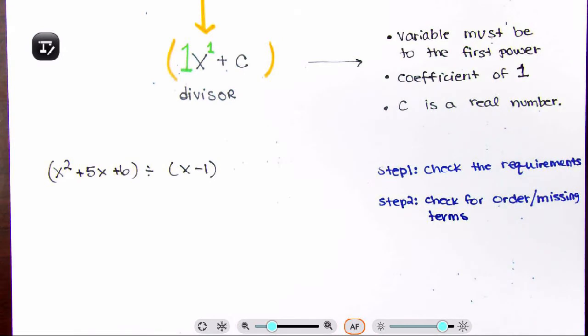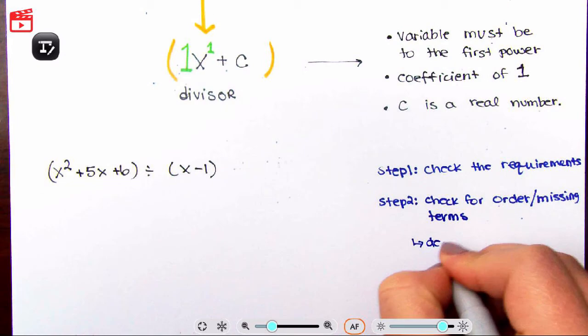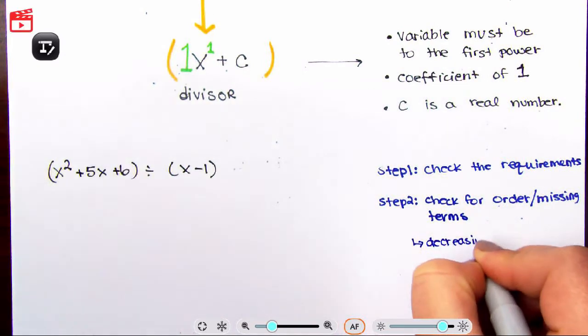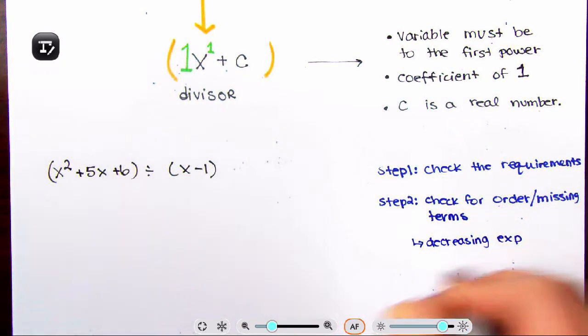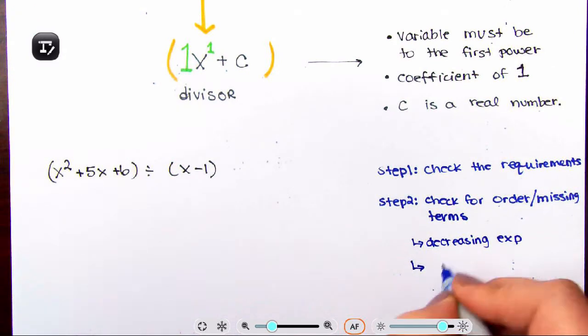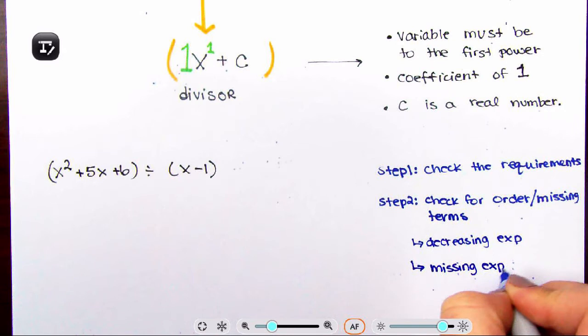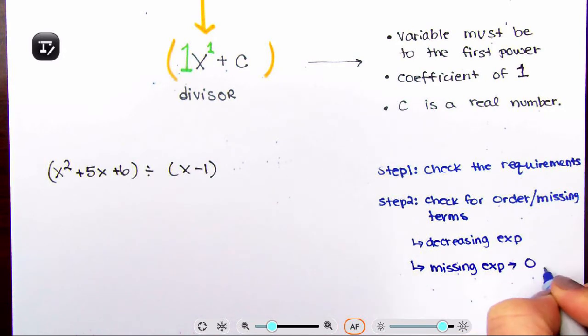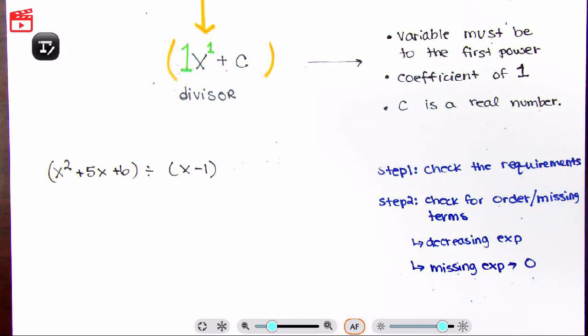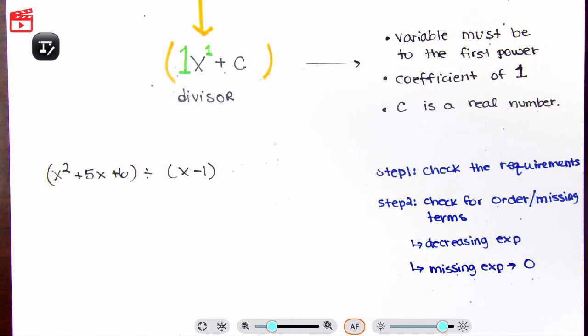Again, the order has to be decreasing exponential values, and if there's any missing exponent, you're going to put a 0 and the exponential value. So if x squared is missing, you're going to put 0x squared. If x is missing, you're going to put 0x.